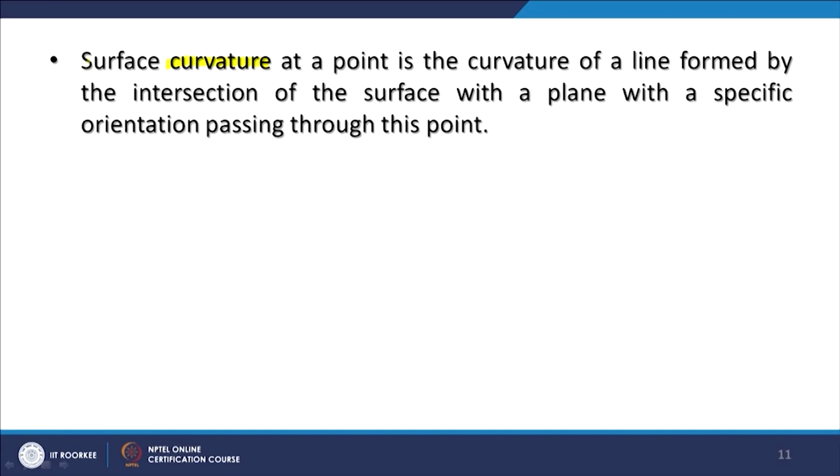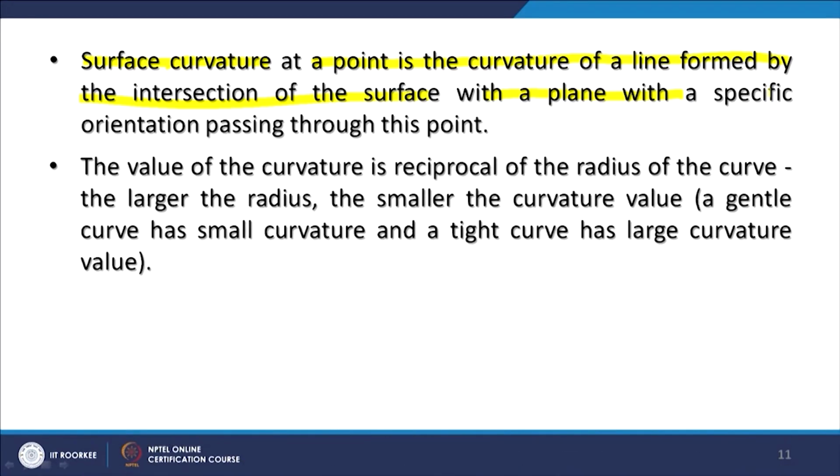So, let us define surface curvature at a given point as the curvature of a line formed by the intersection of the surface with a plane of a specific orientation passing through this point. We will see much more detail about this through our diagrams and figures also.